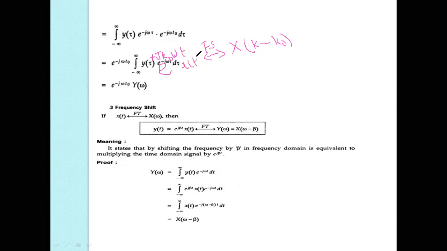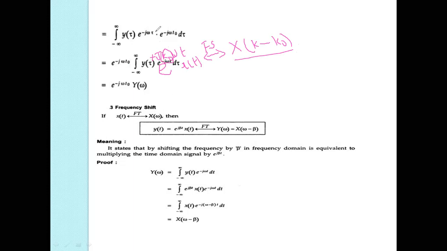For this signal, we can apply the Fourier series. A shifting occurs in the frequency by k naught samples, my dear students. That is e power j k naught omega t into x of t in the Fourier series.